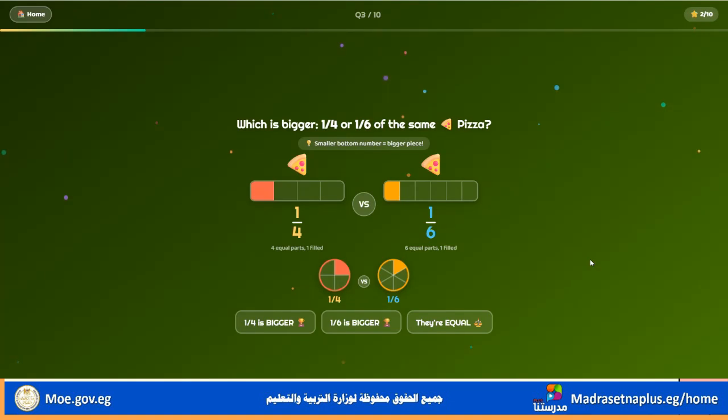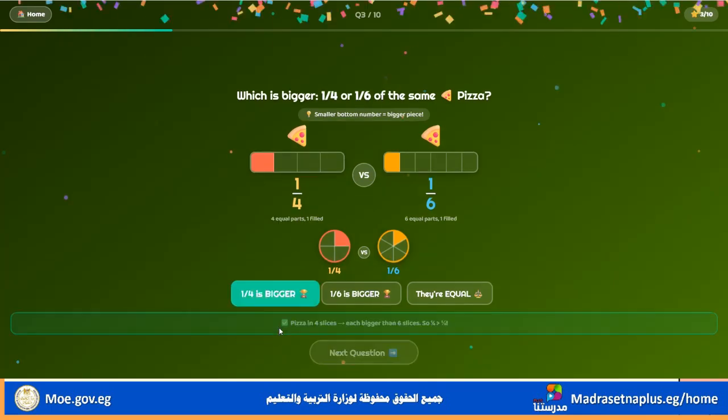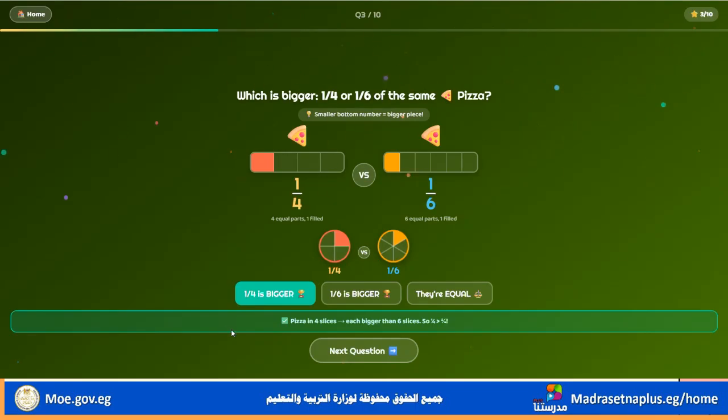Why? 1/4 is bigger. You can see 1/4 on the bar is bigger than 1/6 on the other bar. Inside this circular shape, 1/4 is bigger than 1/6. Yes, if you're hungry, you can get 1/4.